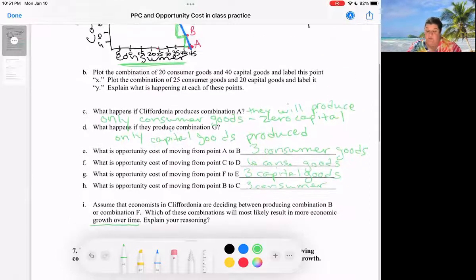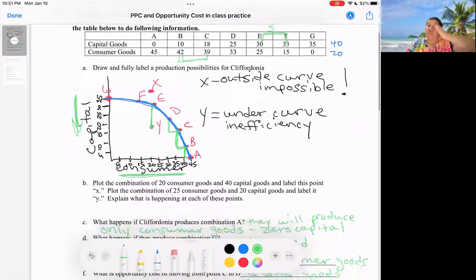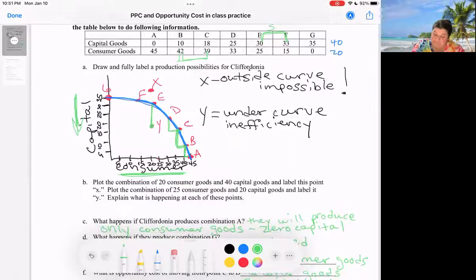Well, we then want the point that is producing more capital goods. So F produces significantly more capital goods than point B does. So our answer is, if we want economic growth, we're going to pick point F. Why? Because that produces more capital goods, and more capital goods lead to economic growth over time. Good.